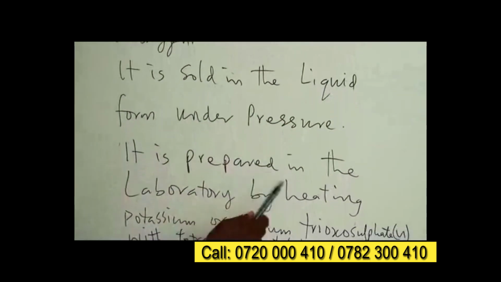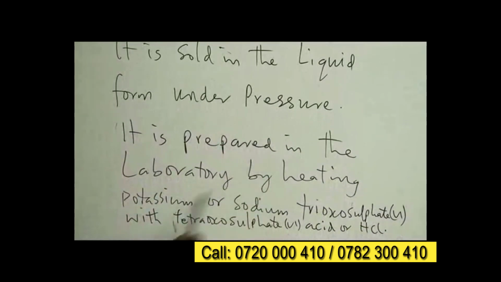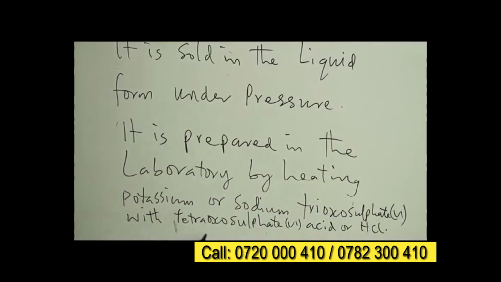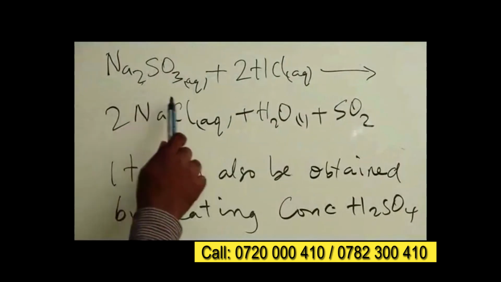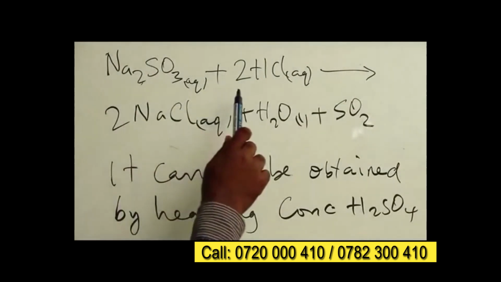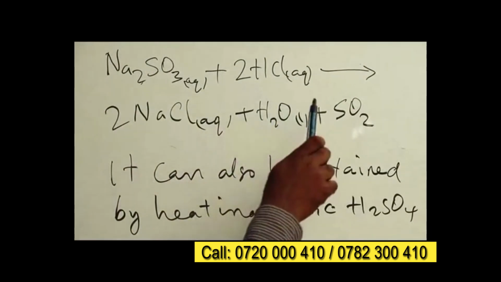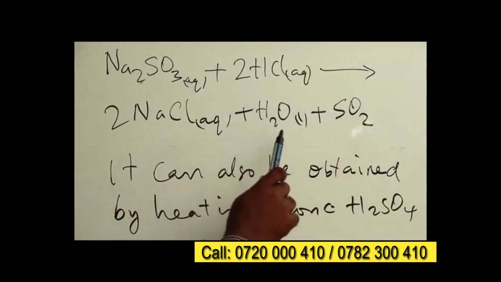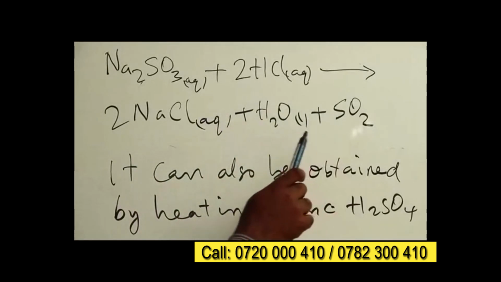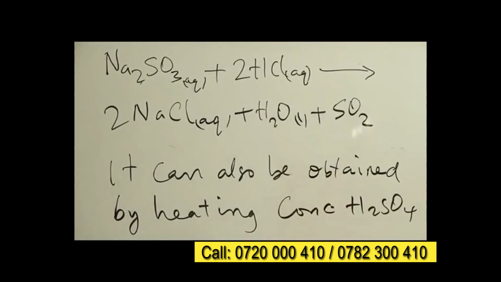It is prepared in the laboratory by heating potassium or sodium trioxosulfate 4 with tetraoxosulfate 6 acid or HCl: Na2SO3 aqueous plus 2HCl aqueous gives 2NaCl aqueous plus H2O liquid plus SO2.